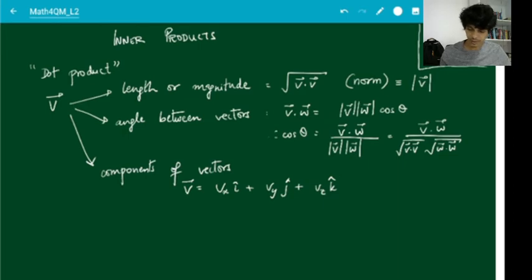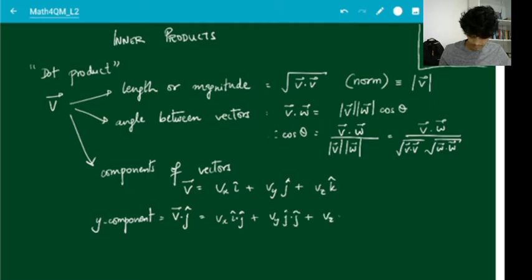The way to do it is to take the dot product of this vector v with the basis vector along the y direction, which is j hat. So what will this give you? This will give you vx i dot j plus vy j dot j plus vz k dot j.